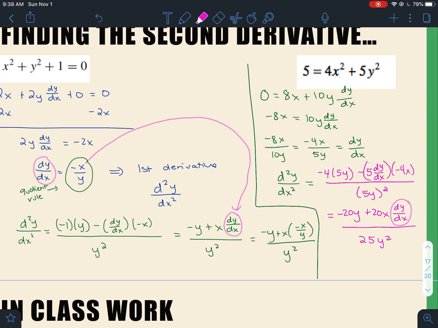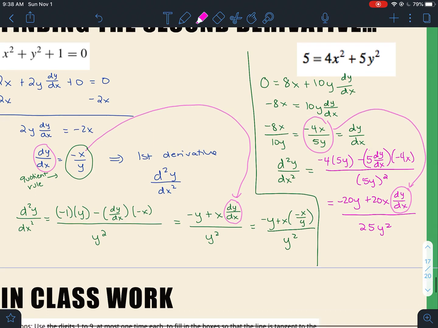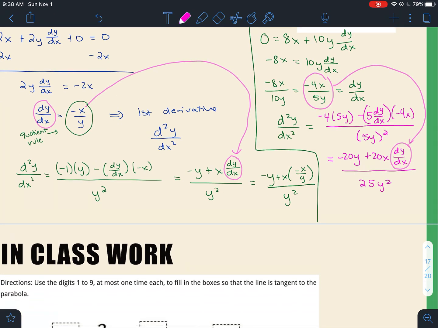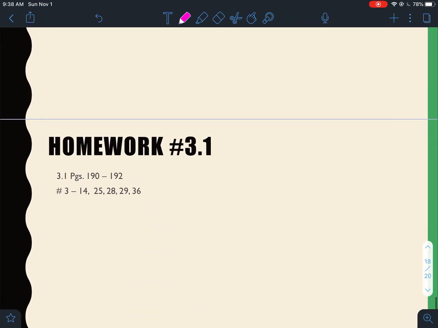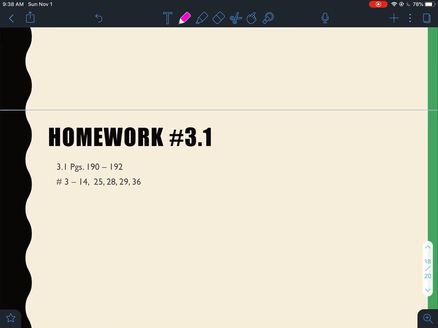And now notice we have another dy/dx, so I need to substitute what dy/dx was, and dy/dx was -4x over 5y. So I'm going to take that and substitute it in. And so my final second derivative is going to equal (-20y plus 20x times -4x/5y) all over 25y squared. And that would be the second derivative using implicit differentiation.